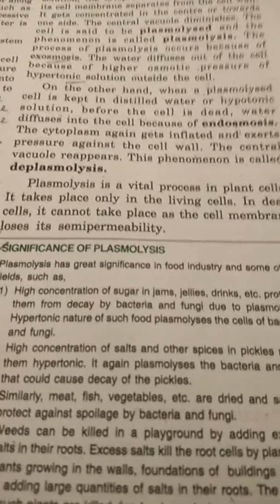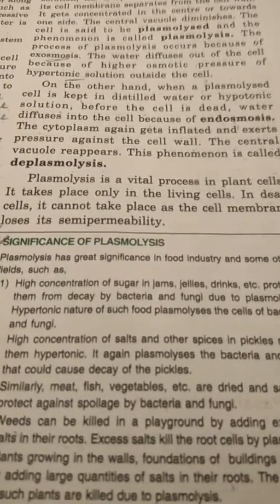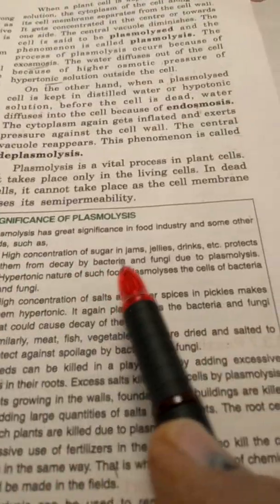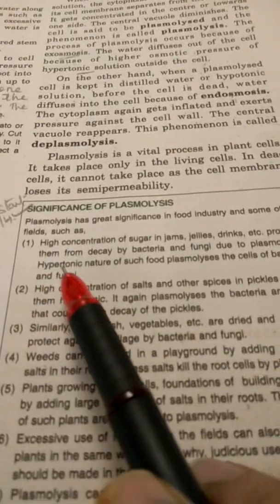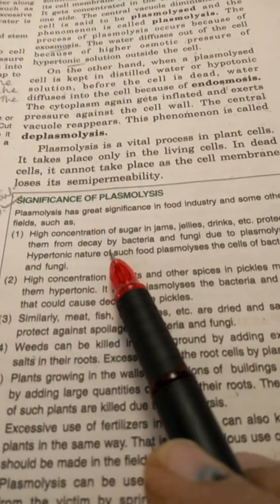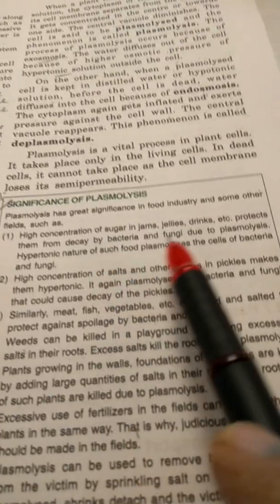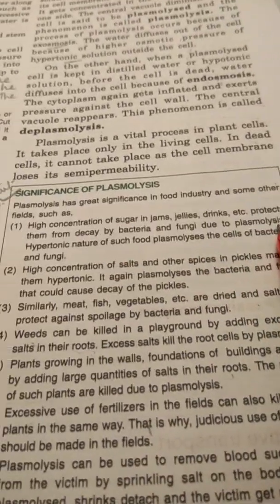Their body cells get plasmolyzed and they are killed, they die. So first point, high concentration of sugar in jams, jellies, drinks, etc. protects them from decay by bacteria and fungi. It is due to plasmolysis.